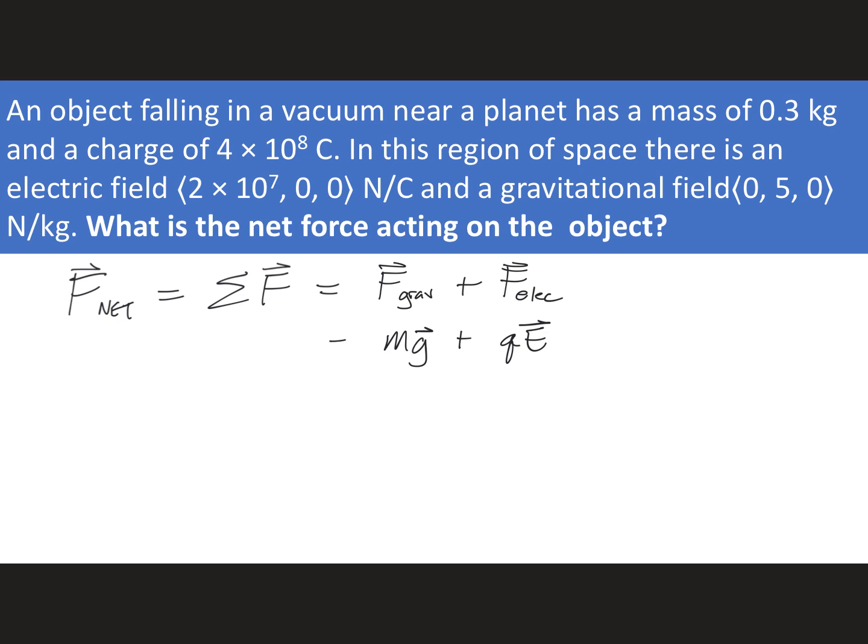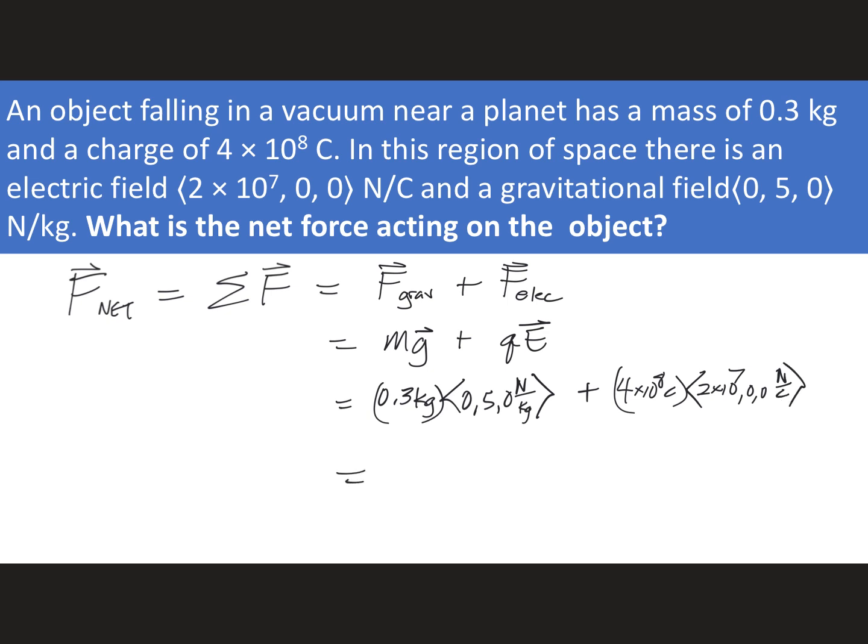So you plug and chug. 0.3 kilograms times 0.50, I guess we could put newtons per kilogram there. And then 4 times 10 to the 8 coulombs times 2 times 10 to the 7th newtons per coulomb, which means I'll get newtons plus newtons.